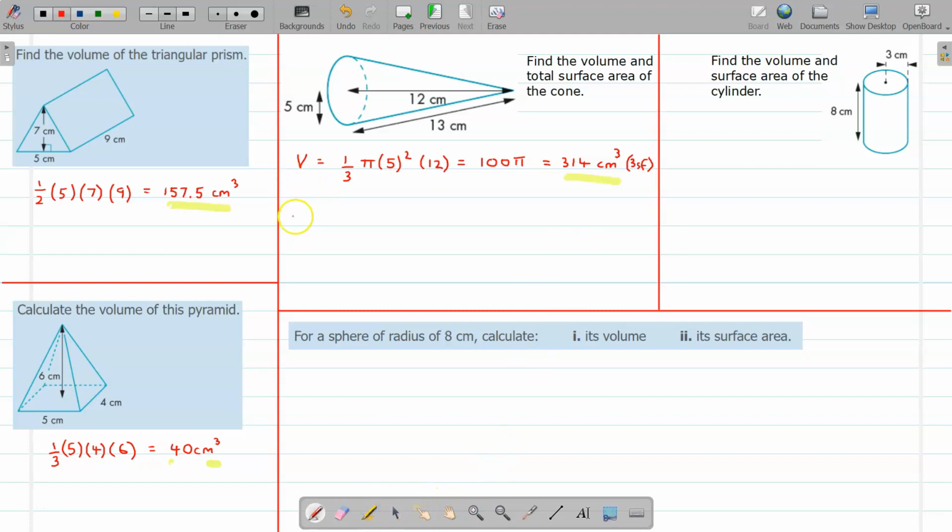Now, to find the surface area of the same cone, we use the fact that the total surface area is the area of the curved piece plus the area of the circular base. The area of the circular base is just pi times r squared, so pi times 5 squared.